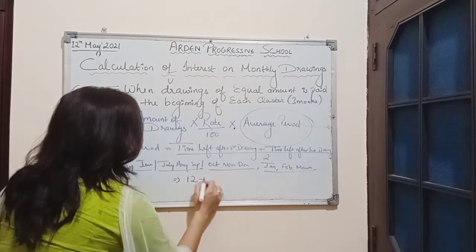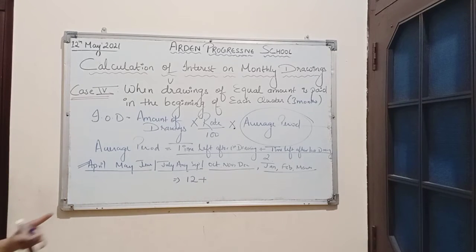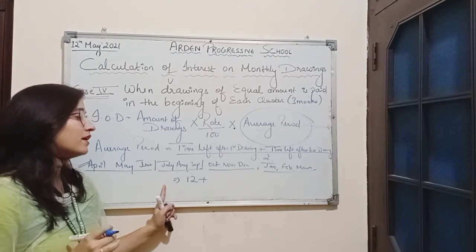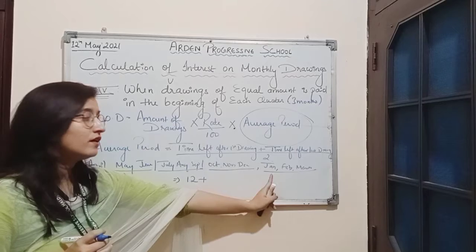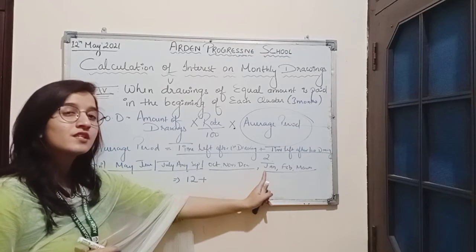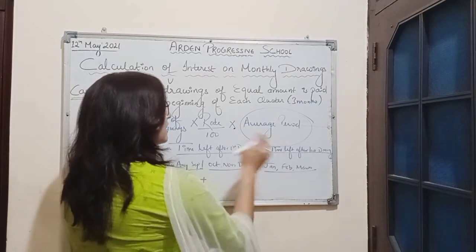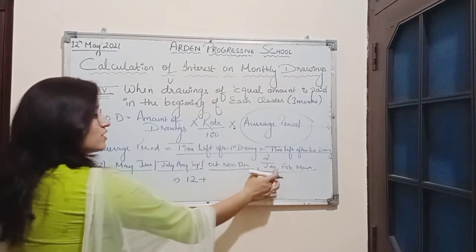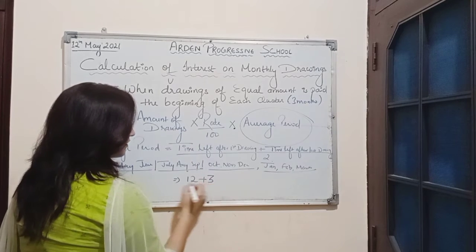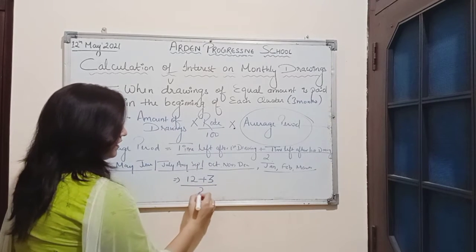Now we will add time left after last drawing. So the last drawing will be withdrawn by the partner at the beginning of the last quarter. So beginning of last quarter is 1st January. So what is the time left after last drawing? January, February and March, 3 months, divided by 2.